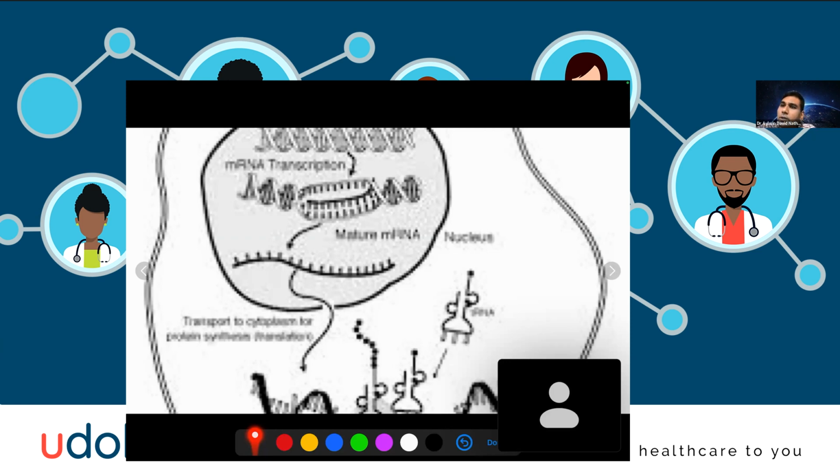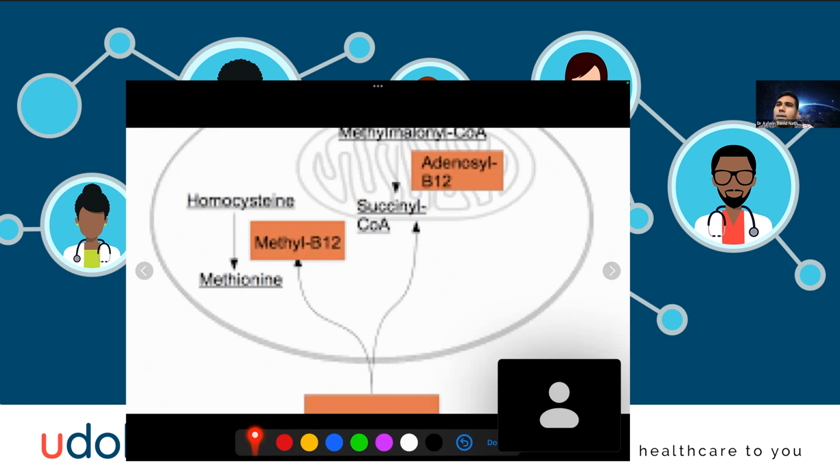The vitamin B12 is also responsible for this. This here is a picture of a mitochondria. If we think back to our microbiology lessons, the mitochondria within the cell is responsible for the production of ATP, and ATP is the energy that our body runs on.